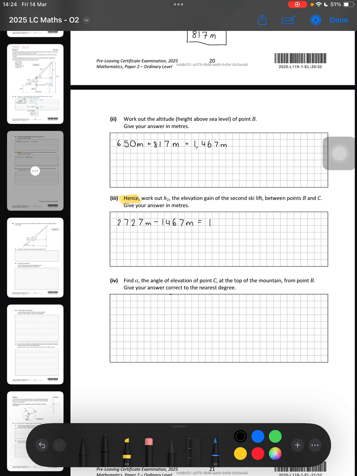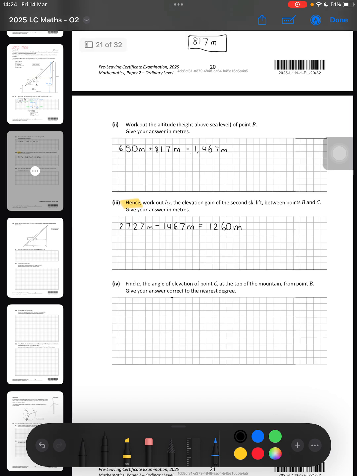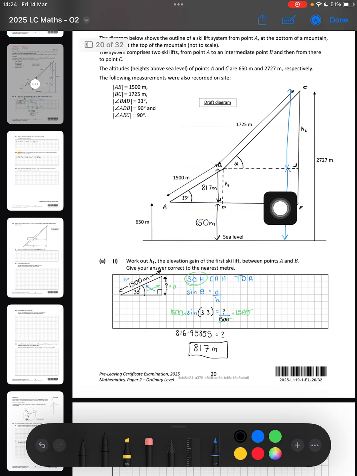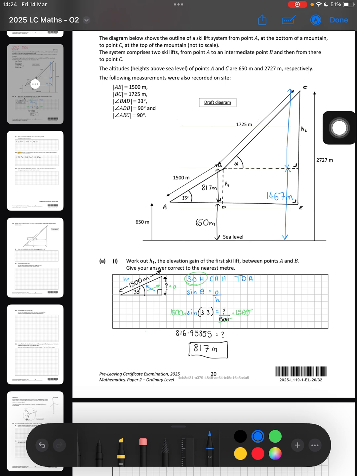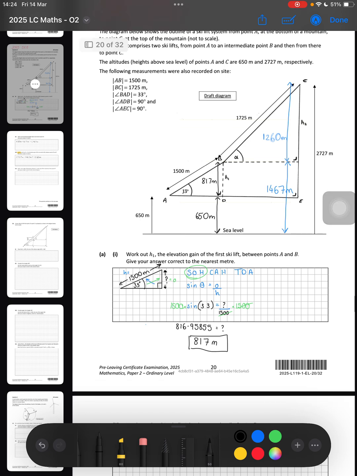So that I get 1260 metres. Okay, so here, this height here must be 1260 metres. So that they both add up to the 2727.